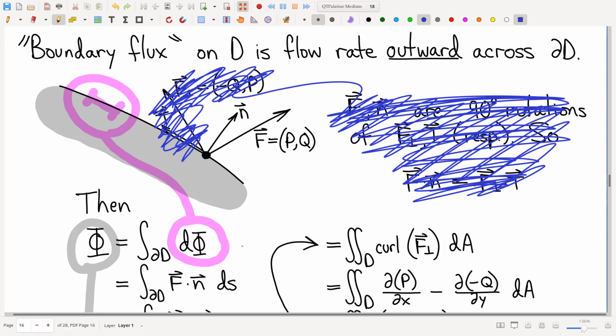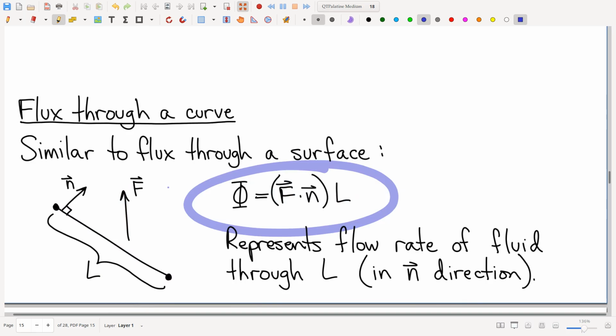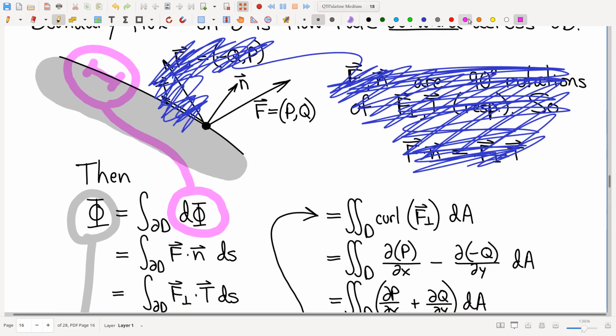So on that piece, we use this formula right here: F dot n times the length of that little piece of curve. The length of this little piece of curve is ds. Everybody all right with that so far?